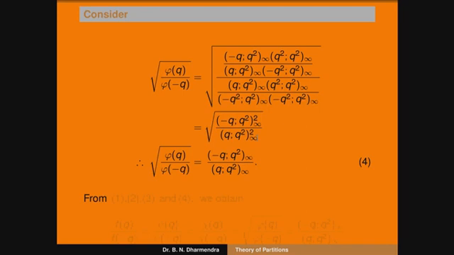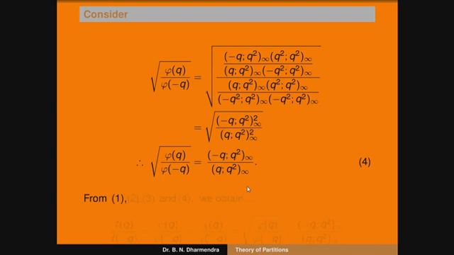After observing all the results for f of q divided by f of minus q, xi of q divided by xi of minus q, chi of q divided by chi of minus q, and finally the square root of phi of q divided by phi of minus q, all these values are equal to (minus q; q squared) infinity divided by (q; q squared) infinity.